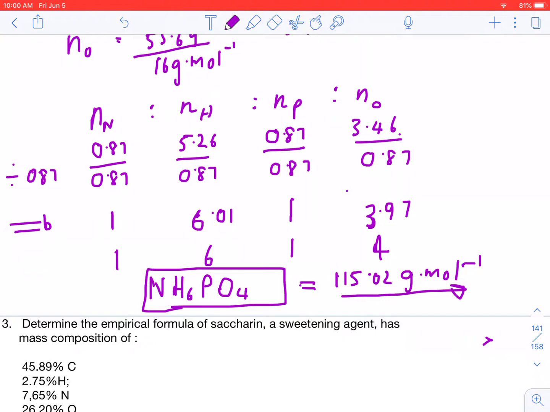The mass is going to be 14 grams, upon this mass here.